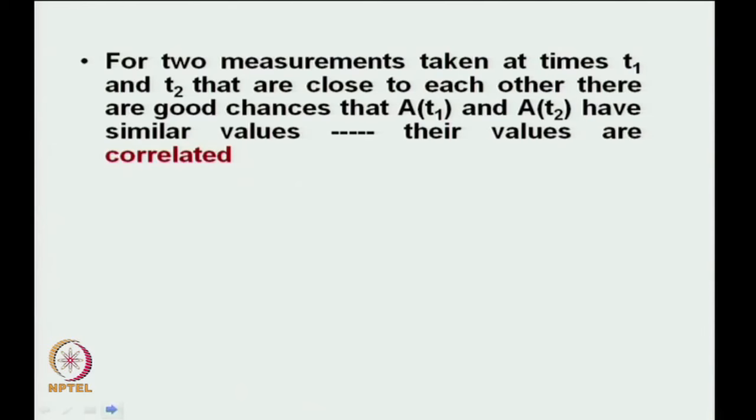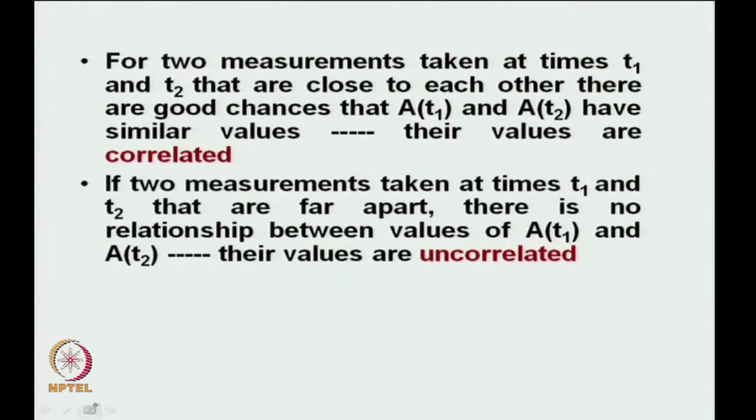Then when will this correlation not be there? If the two measurement times t1 and t2 are far from each other, then the relationship between A(t1) and A(t2) is no longer there, that means they are uncorrelated.